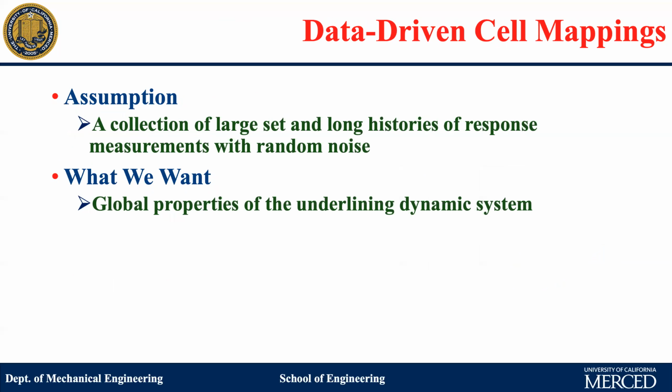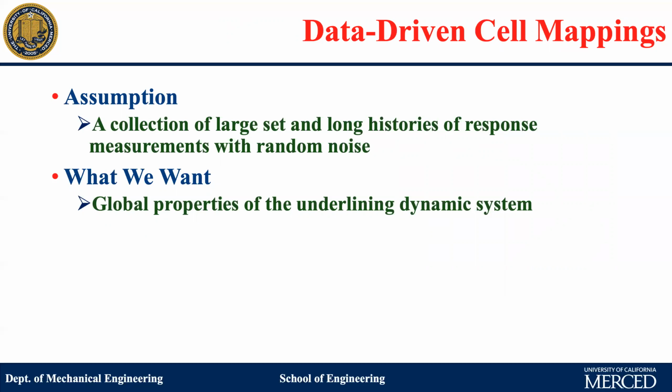So in order to do data-driven global analysis using cell mappings, we need to assume that we have a collection of a larger set of long histories of response measurement with random noise. Remember, the random noise is beneficial to you. Then we need to know what to do.